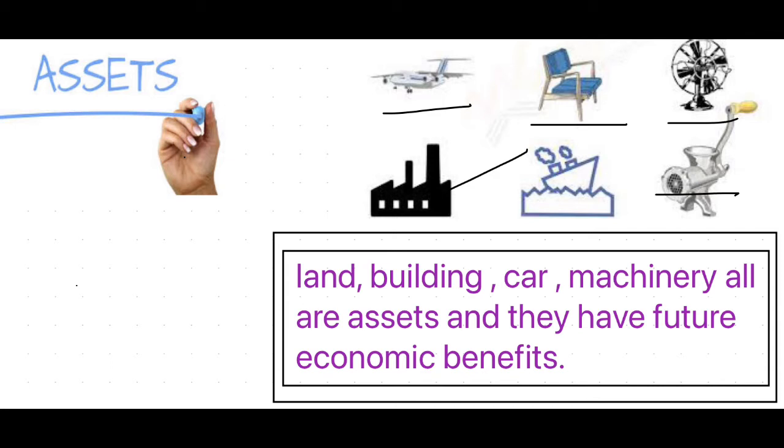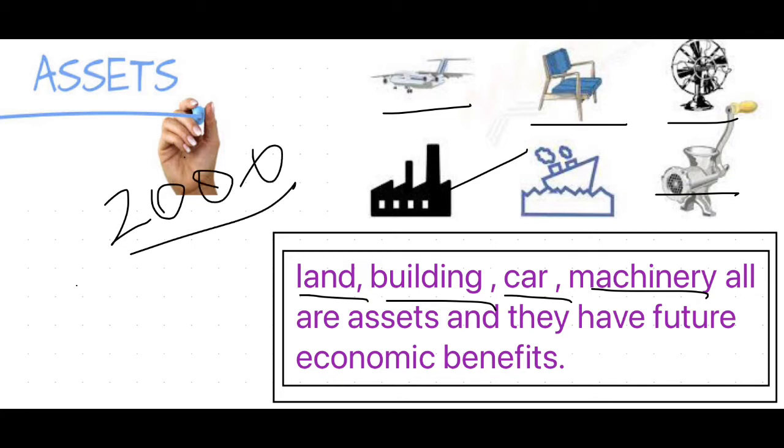Here the land, building, car, and machinery are all assets, and we earn economic benefit in future. Let us suppose that we purchase a machinery costing 2000 rupees and we produce products using that machinery.